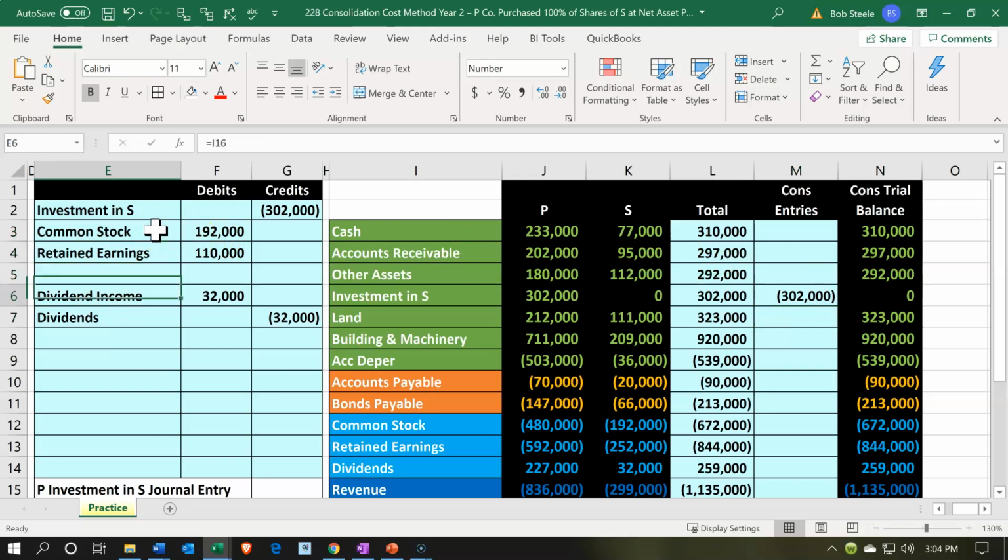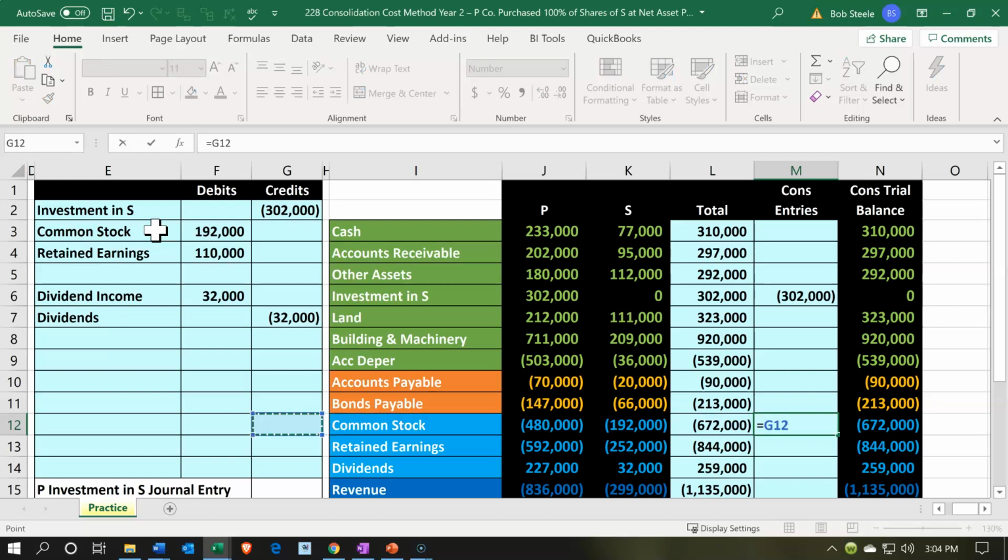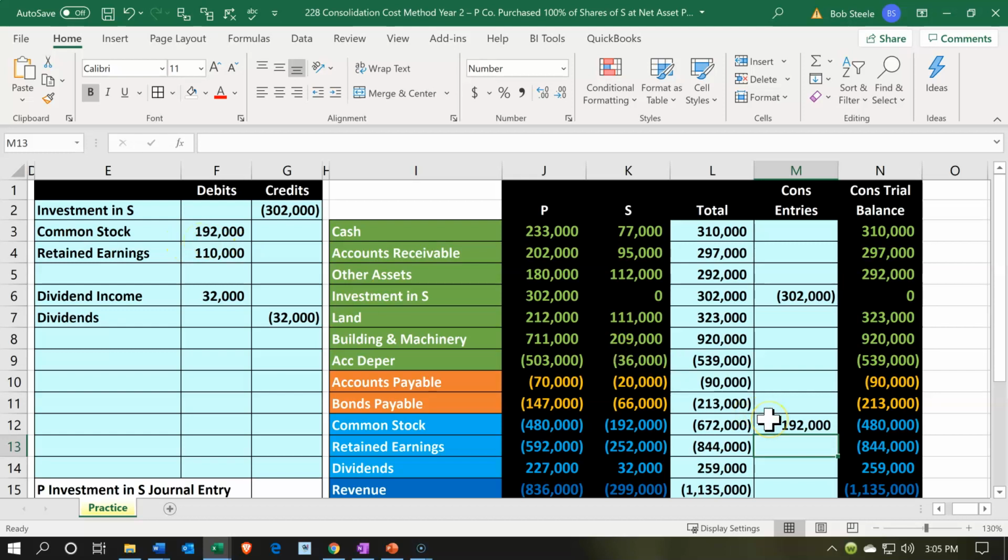Then we have the common stock, so we're going to go over to the common stock, and that needs to be removed for S. S's common stock needs to be removed because it's all included in P. So when the consolidation took place, the common stock shouldn't really change since the 100% purchase typically, then you can figure what that one is. So we had the 480. And then here's the 192 for the total, and then we removed the 192.